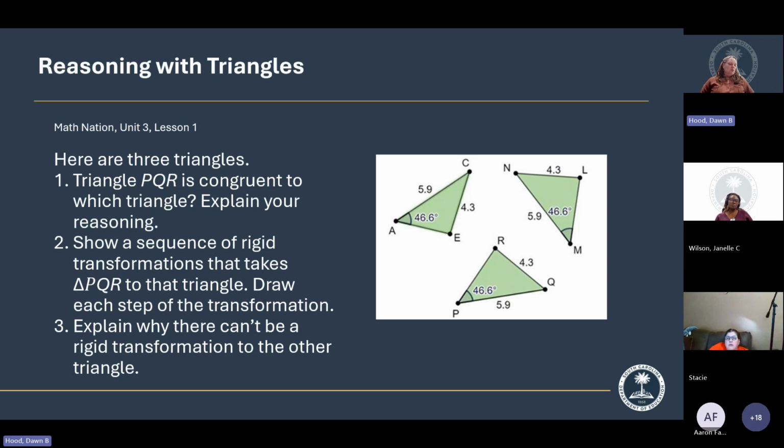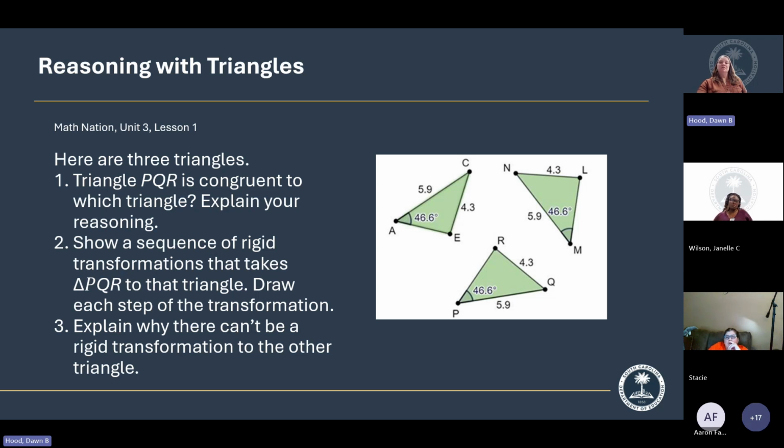All right. So what will this activity help them gain? Be able to identify congruent sides and angles, help with orientation.